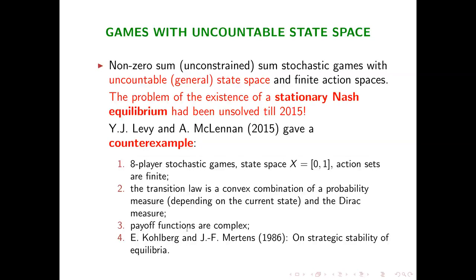Also, the payoff functions are complex. And Levy and McLennan, in order to show that the equilibrium in stationary strategies may not exist, took advantage of the paper by Kohlberg and Mertens on strategic stability of equilibria. So for many years, the problem was not solved.